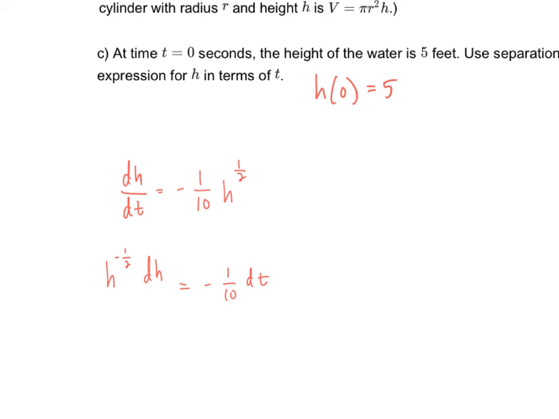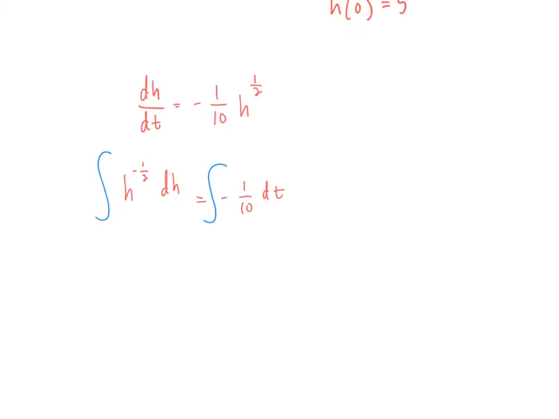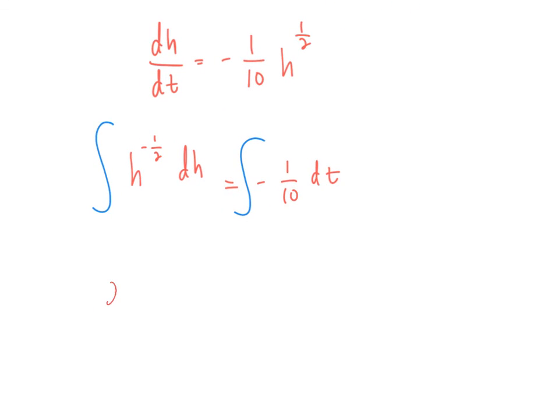So now we can integrate both sides. The integral of the left-hand side is 2h to the 1/2, and the right-hand side is negative 1/10 t, plus c.